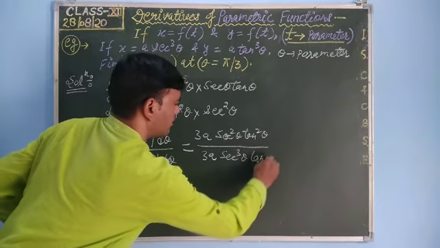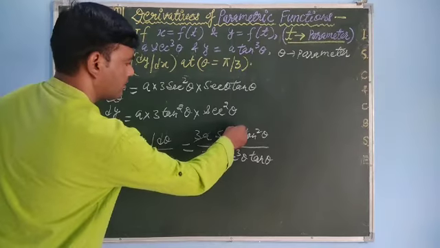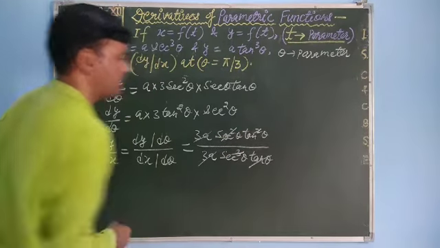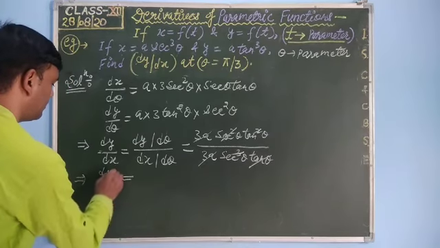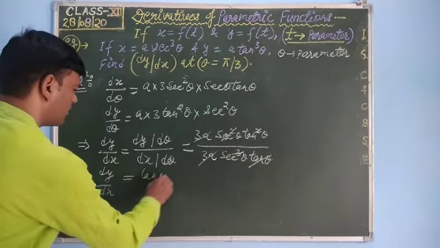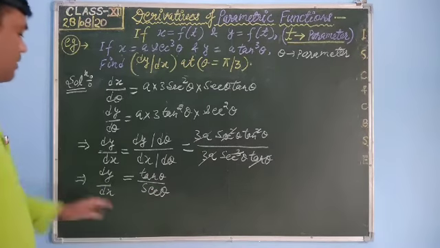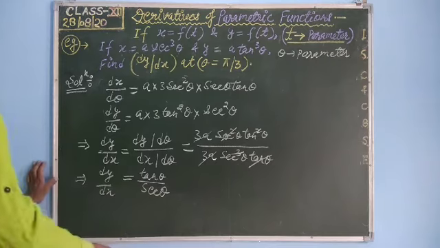So 3a will cancel out by 3a, sec square will cancel out by this sec cube, and tan theta will cancel out by this. Then we get dy by dx is equal to tan theta upon sec theta.